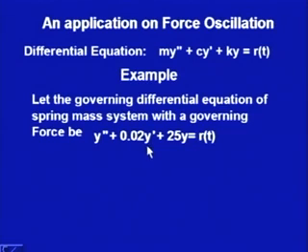Let us try one example which we have done: a spring mass system with governing equation y double dash plus 0.02 y dash plus 25 y equal to r(t), where the damping coefficient is 0.02, the spring constant is 25, and the mass is 1 unit.